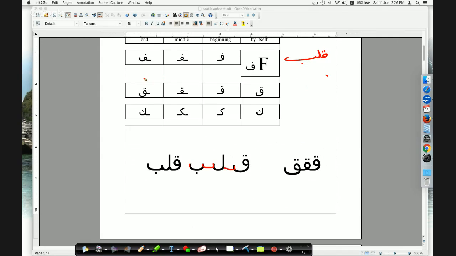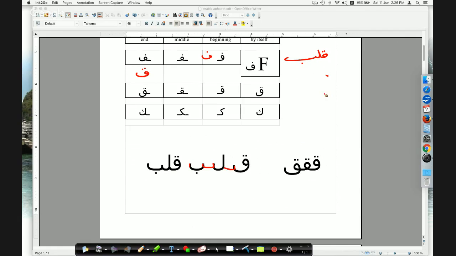This is letter Qa. Fa has one dot. Remember that. So how do we know the difference between Qa and Fa? If it is two dots, it is Qa. If it is one dot, it is Fa. So this is the word qalb.